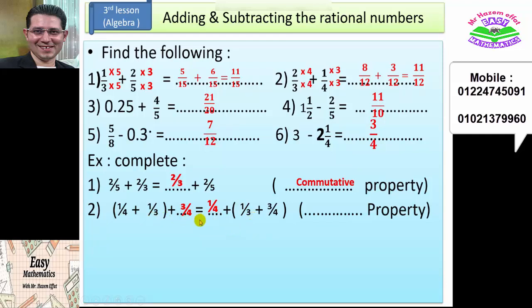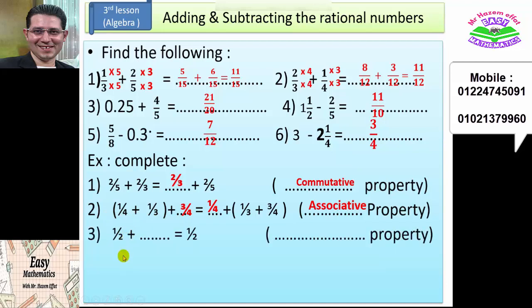So what is the meaning of these brackets? It will be associative. Yes, repeat with me, associative. Commutative, associative. Commutative when we change the place of the numbers. Associative when we have brackets, as in this exercise number 2.